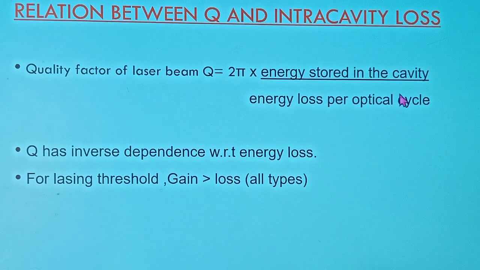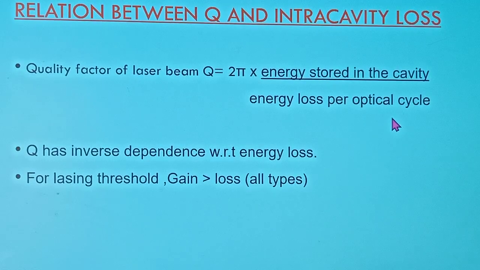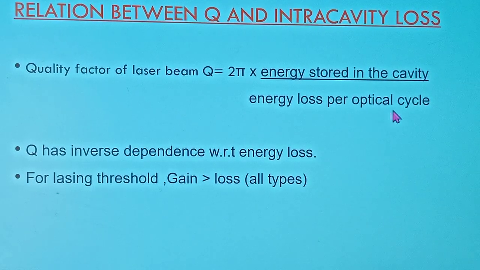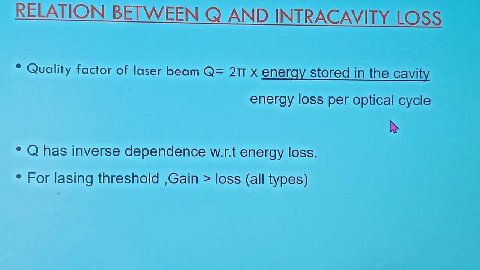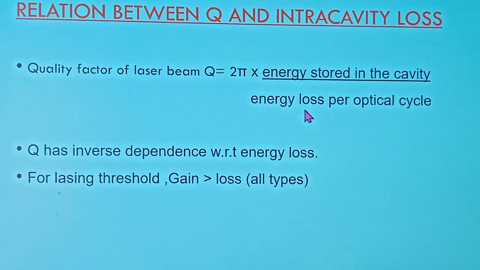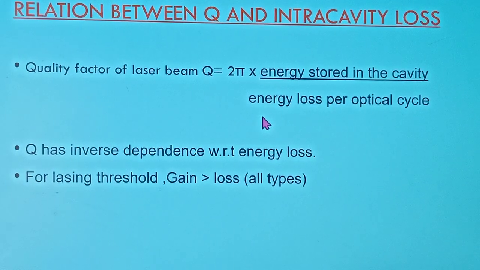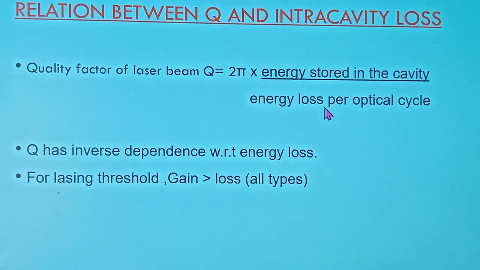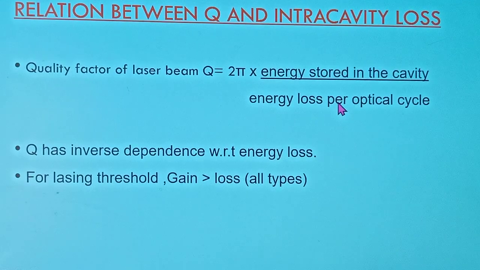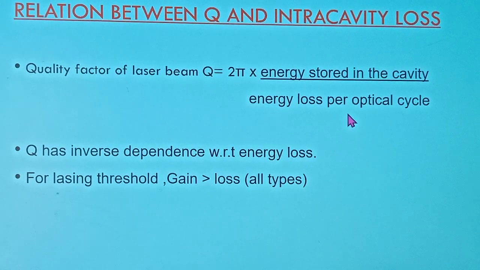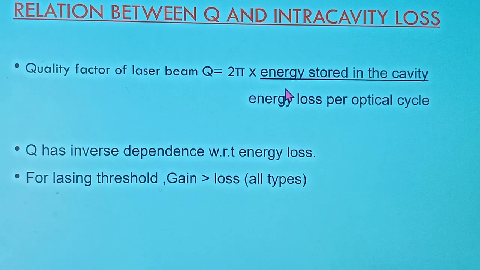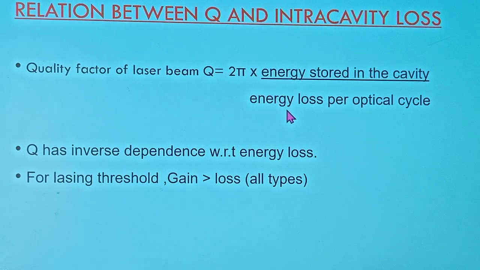Per optical cycle means to and fro transit, or one round trip. So in one round trip, how much energy is lost? The energy loss, as we know, is due to the reflectivity of the mirrors and scattering and all the other possible phenomena wherein the energy is lost.